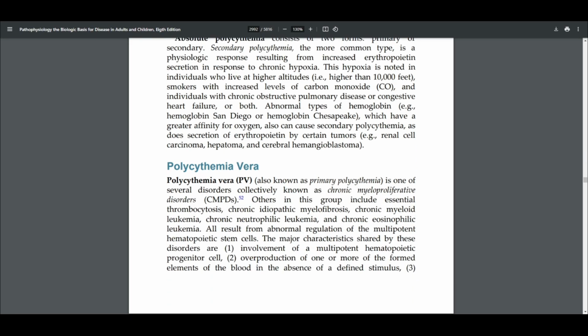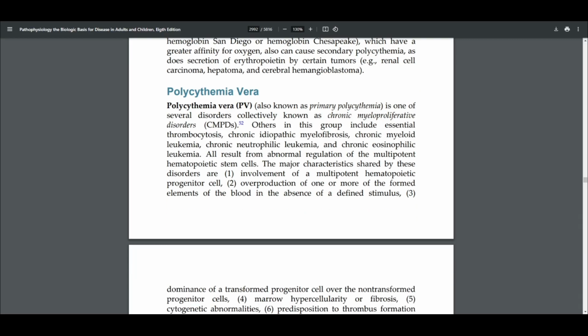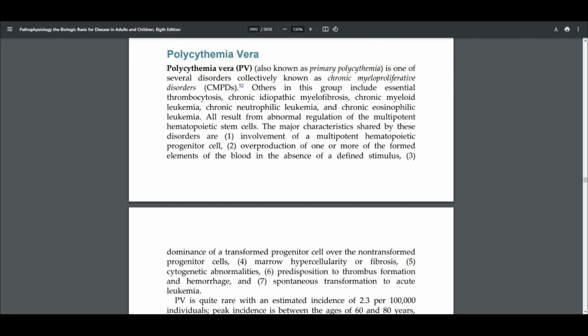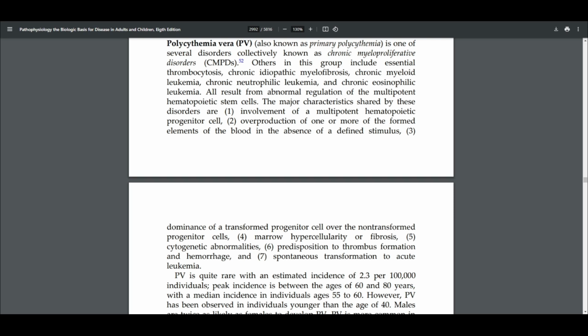Polycythemia vera, or PV, is one of several disorders collectively known as chronic myeloproliferative disorders. Others in this group include essential thrombocytosis, chronic idiopathic myelofibrosis, chronic myeloid leukemia, chronic neutrophilic leukemia, and chronic eosinophilic leukemia. All result from abnormal regulation of the multipotent hematopoietic stem cell.